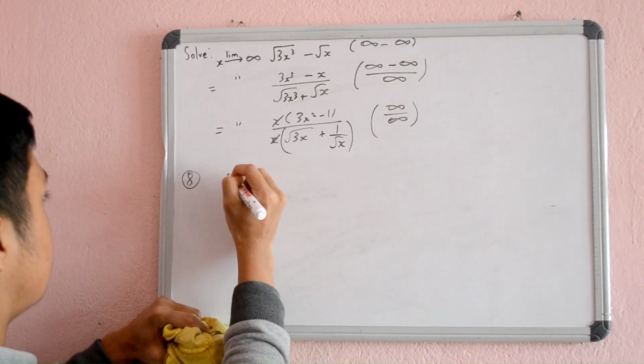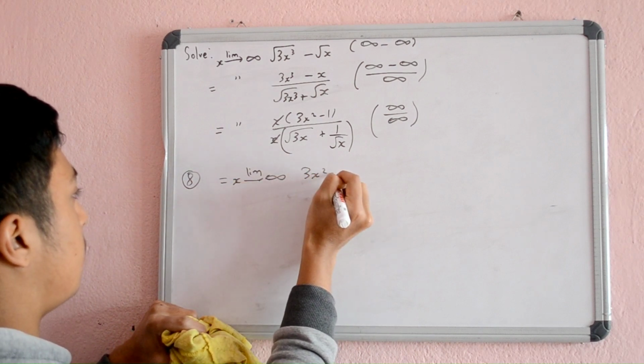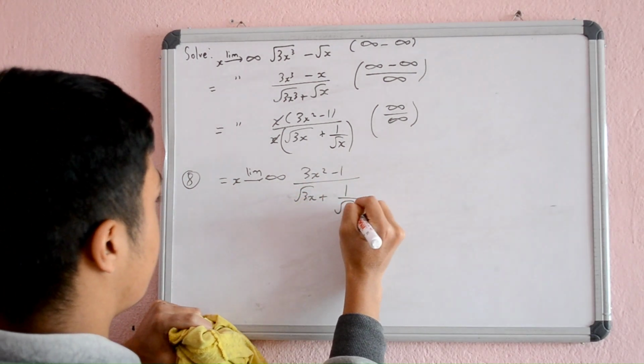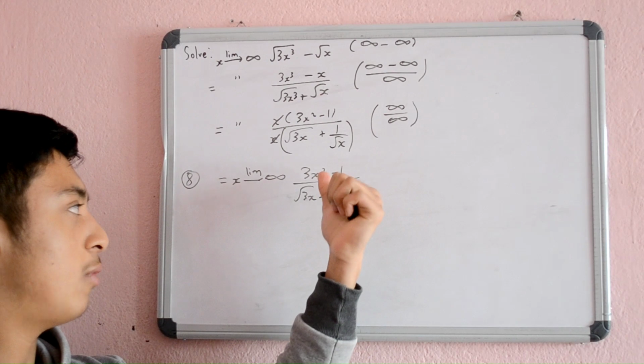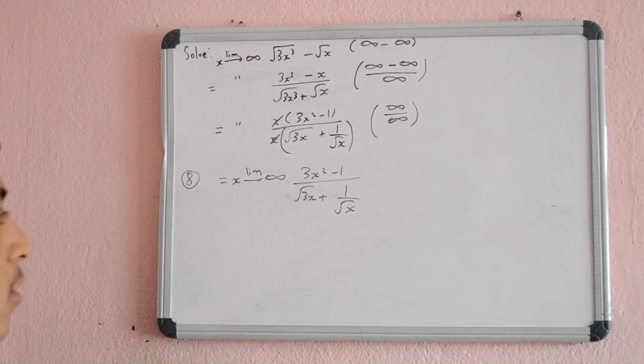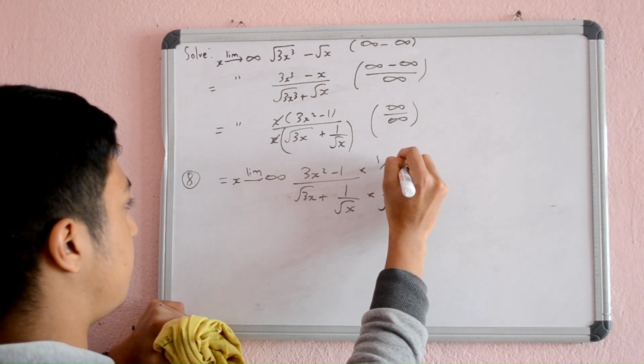So we have the limit of 3x squared minus 1 by root 3x plus 1 by root x. Now in the 7th process, I didn't want to see x squared, but now I don't want to see this root x over here, so multiply by 1 by root x over here as well.